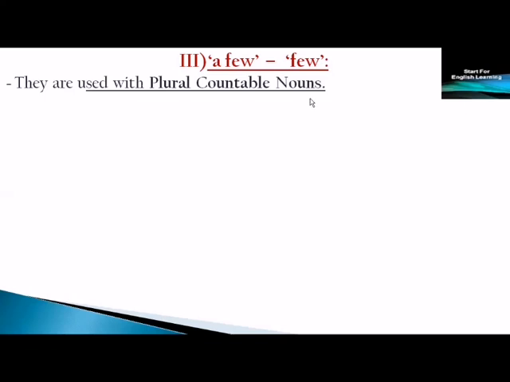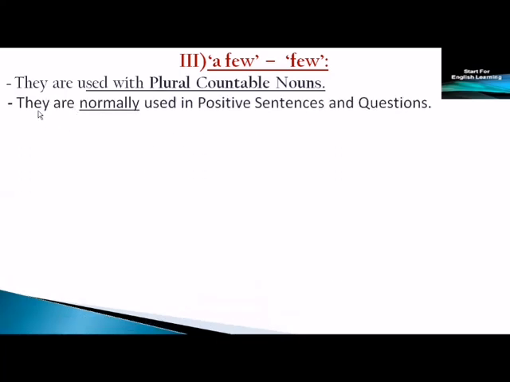Cats, boys, girls, men, women, trees. Plural countable nouns. We can count them, and they are plural. They are normally used in positive sentences and questions.